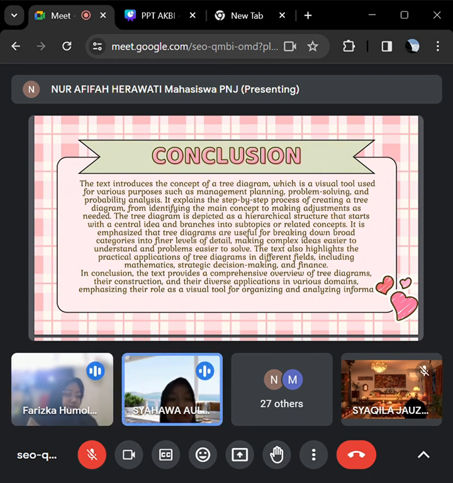It is emphasized that tree diagrams break ideas into finer levels of detail, making complex ideas easier to understand and problems easier to solve. The text also highlights the practical applications of tree diagrams in different fields, including mathematics, strategic decision making, and finance. In conclusion, the text provides a comprehensive overview of tree diagrams, their construction, and applications in various domains, emphasizing their role as a visual tool for organizing and analyzing information.